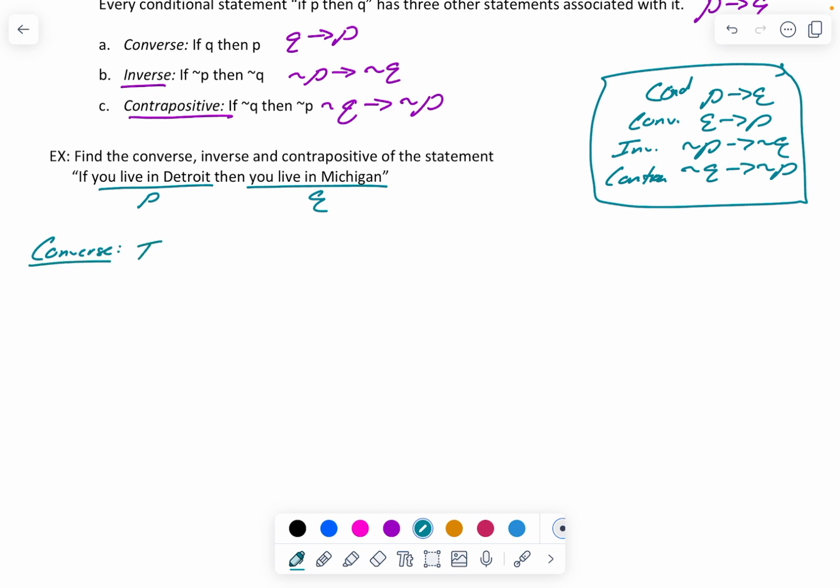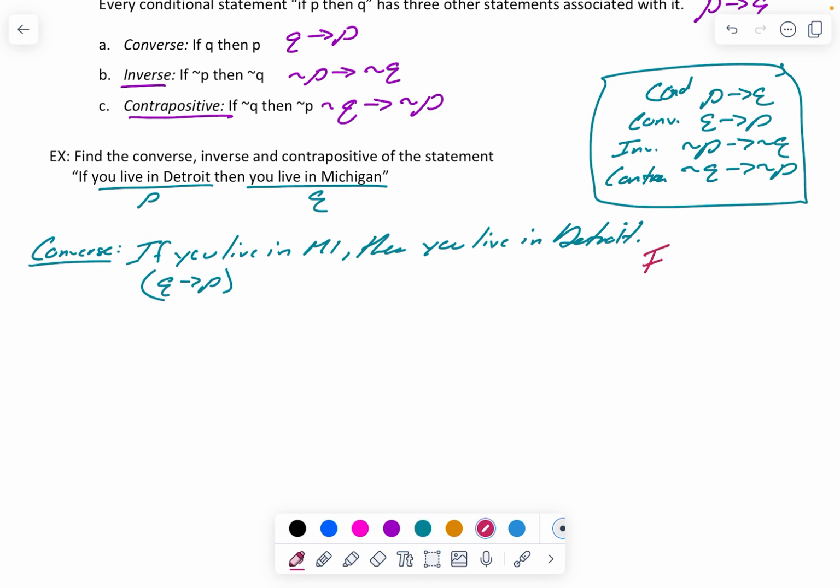The converse is if you live in Michigan, then you live in Detroit. Okay. And again, that is our Q implies P. What do you think about that statement? True or false? False, right? I live in Michigan and I don't live in Detroit, right? So, yeah, there's a lot of other cities here in Michigan.